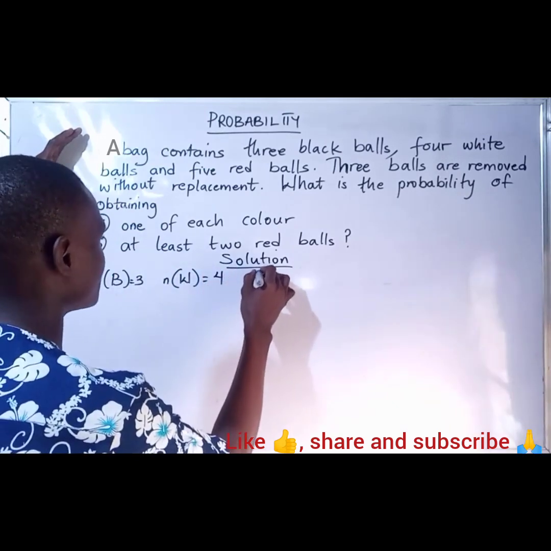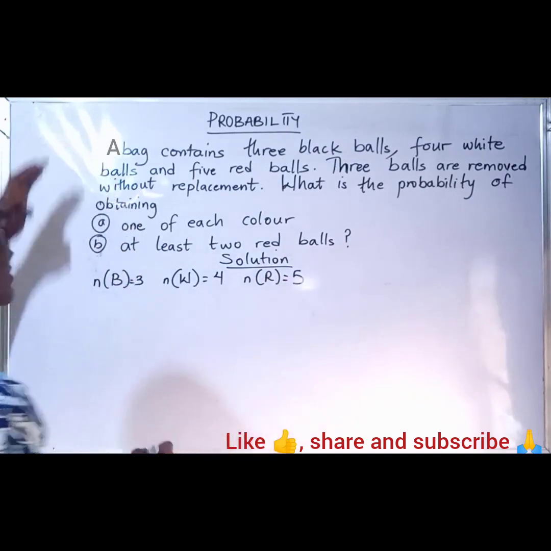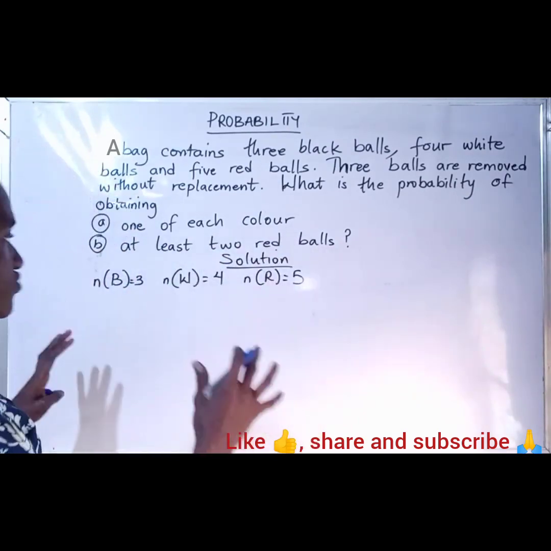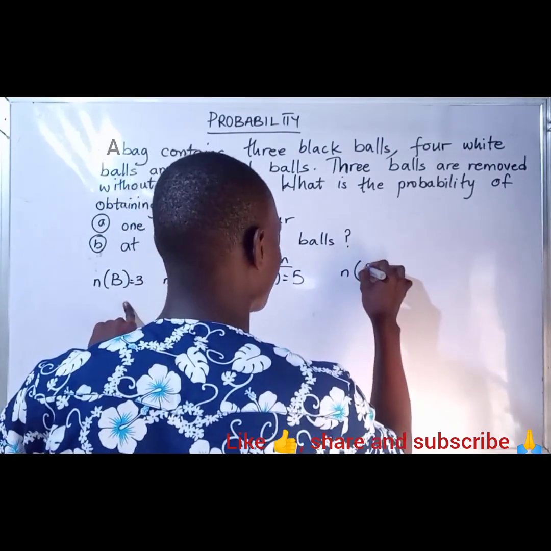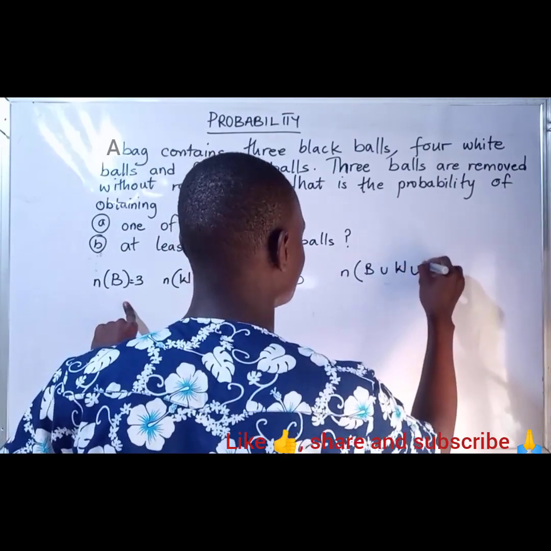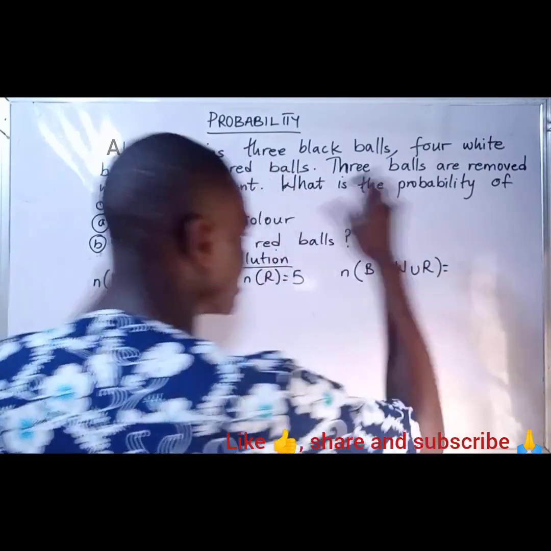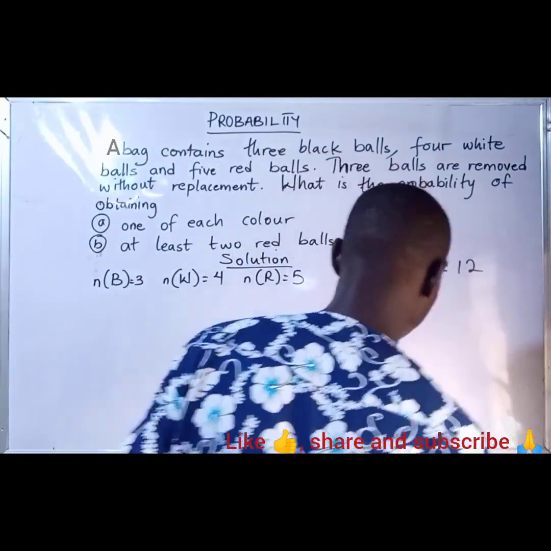And the number of red balls is 5. Now, the total number of balls we have, which is the number of the black union the white union the red, is 12 in number.